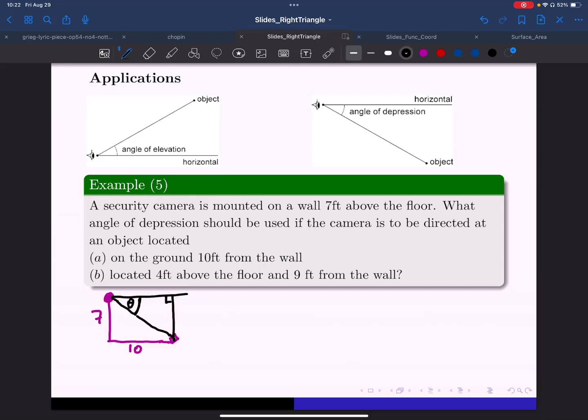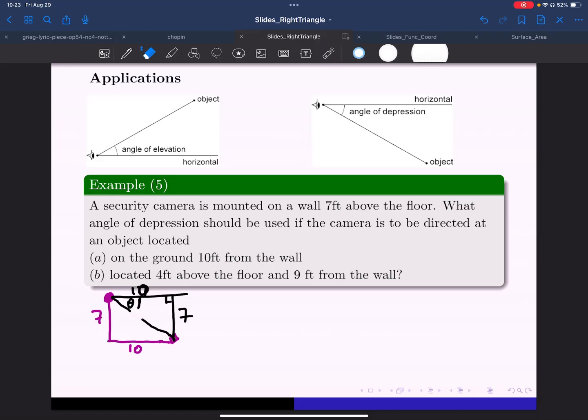And let's label what we have in that right triangle. This side is exactly the same as this side. So this side is equal to 7, and this side would be 10, because this side is equal to this side and it's side 10. Now, anytime you have an angle involved, we need to use trigonometric ratios: sine, cosine, and tangent.